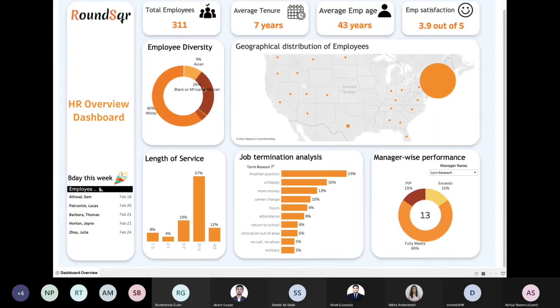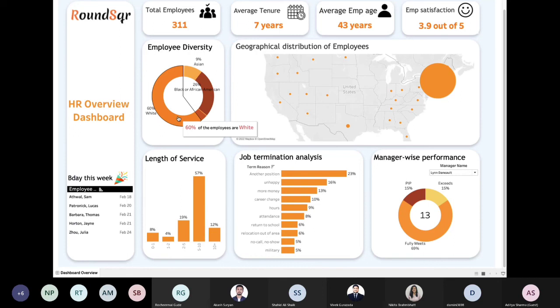So here, as we can see, the broad numbers: the total number of employees is 311, average tenure is 7 years, and average employee age is 43 years, and the employee satisfaction can be touted as a good metric, because it's almost 78%. Now we have this distribution of the ethnicity of the human resource inside the company.